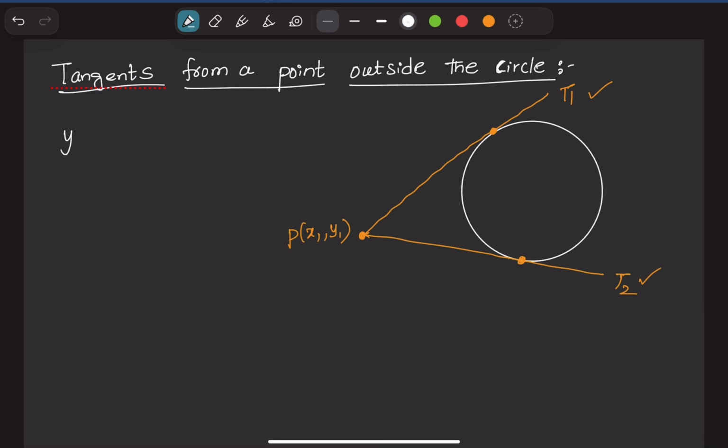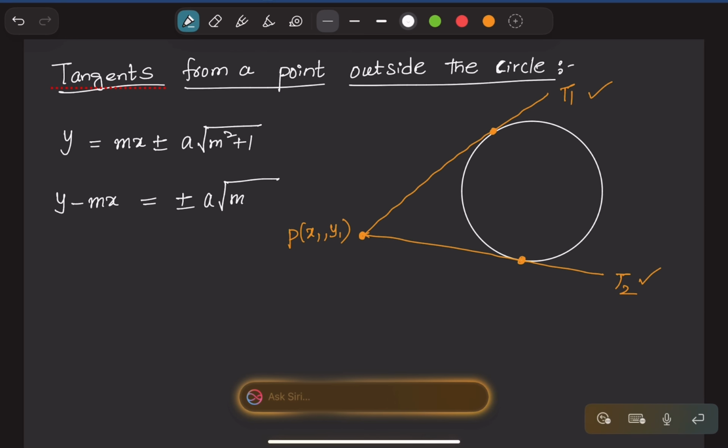So we already know the equation of tangent to the circle is y equals mx plus or minus a into square root of m square plus 1. Now this can be written as y minus mx equals plus or minus a into square root of m square plus 1.